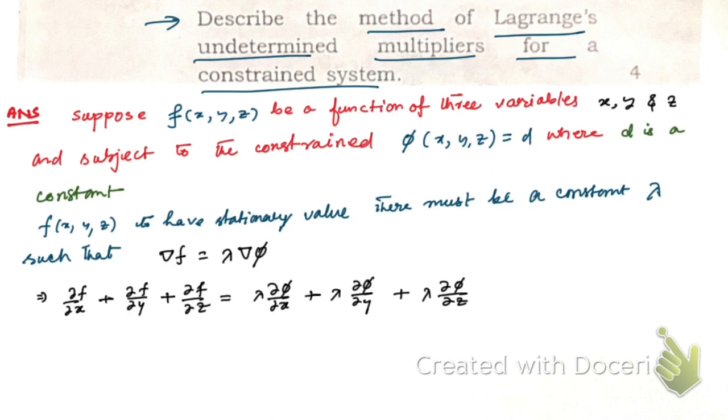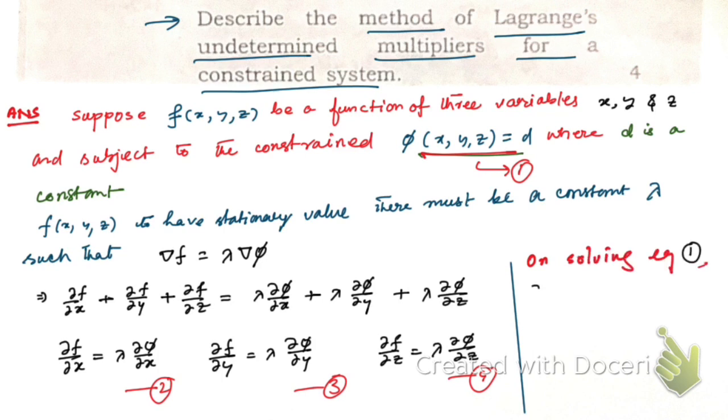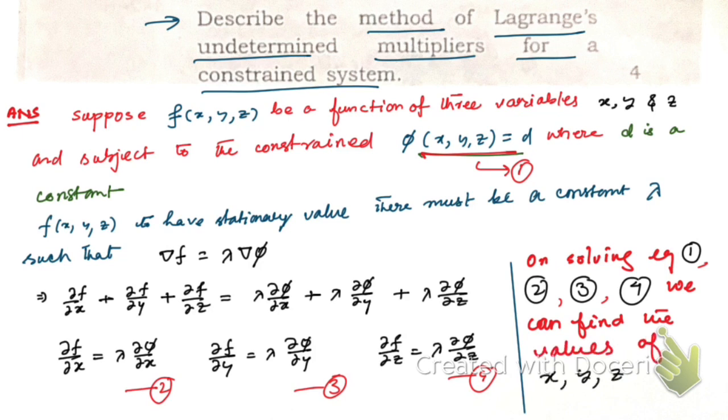And from this, if you compare all the 3 components, then you will get these 3 equations. Let me take this as equation number 1, this is 2, 3 and 4. If you solve these 4 equations, then you will get the values of x, y, z and lambda as well.